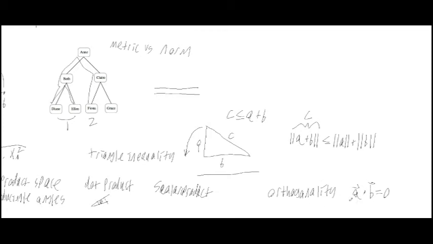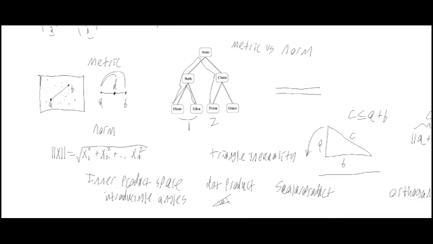You need to know the angle between them to know there is 0 overlap. If this is our A and this is our B, you can see that none of A is overlapping over B, so the dot product is 0. That's how we get orthogonality from the inner product space.